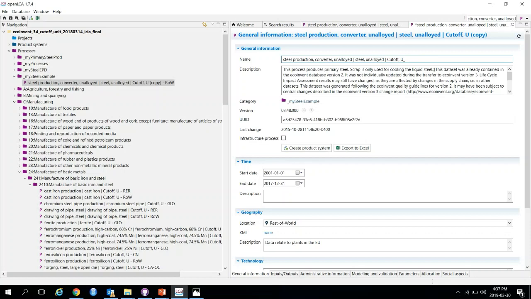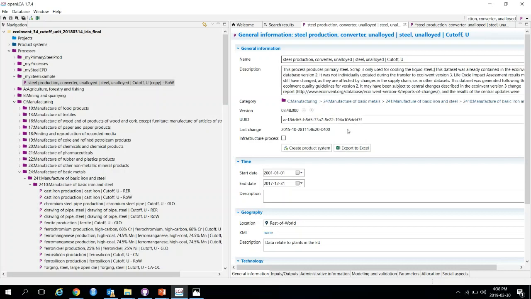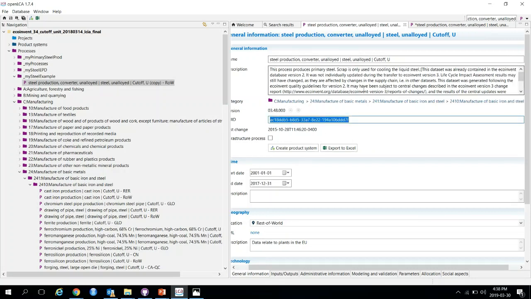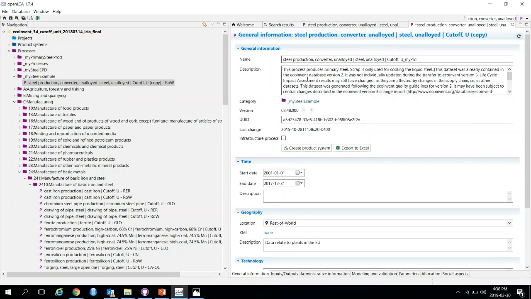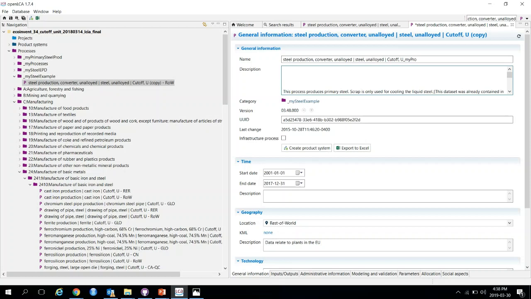It could be a good idea to write "my pro" as a little signifier to know that you're the one that created it. And now we have a unique identifier for it. So we just completely copied this process. It's basically identical, except it has a different unique identifier, UUID, universally unique identifier. So this is all information from the original process, and I recommend documenting it.